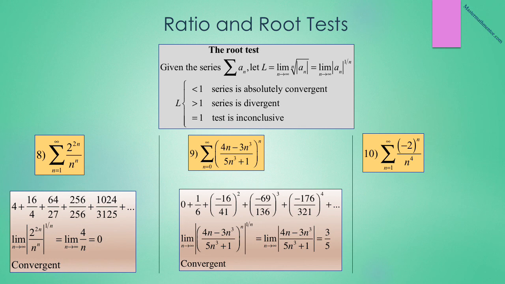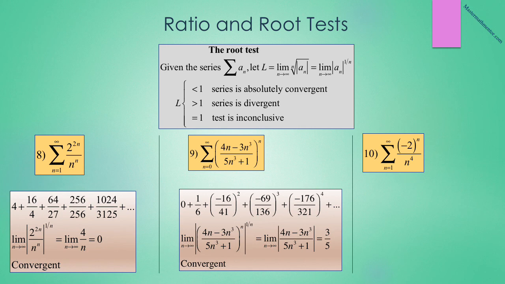So we look at the limit as n approaches infinity of the absolute value of quantity 4n minus 3n cubed over 5n cubed plus 1, quantity raised to the n, and then raised to the 1 over n power.